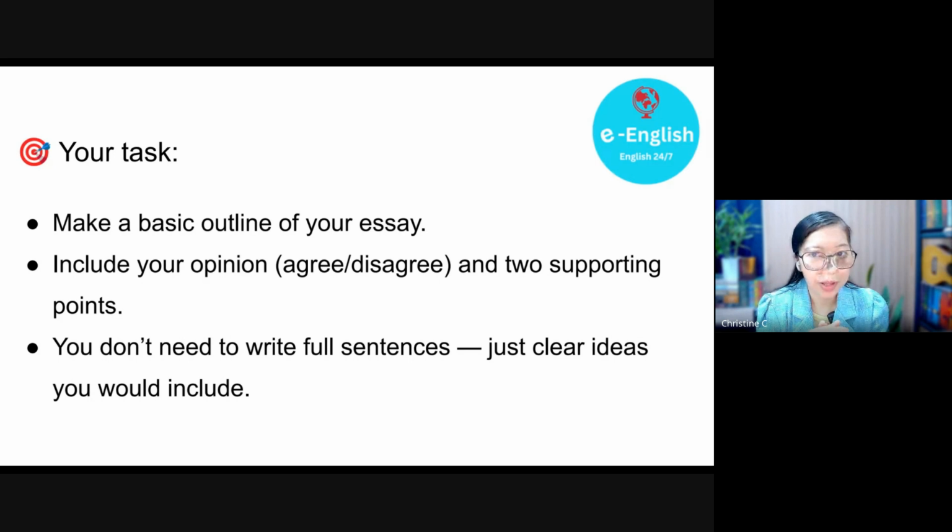Include your opinion, whether you agree or disagree, and give 2 supporting points. So again, you don't need to write full sentences, just some ideas on how you think you can plan or structure your writing if you are to answer this in the writing essay task.